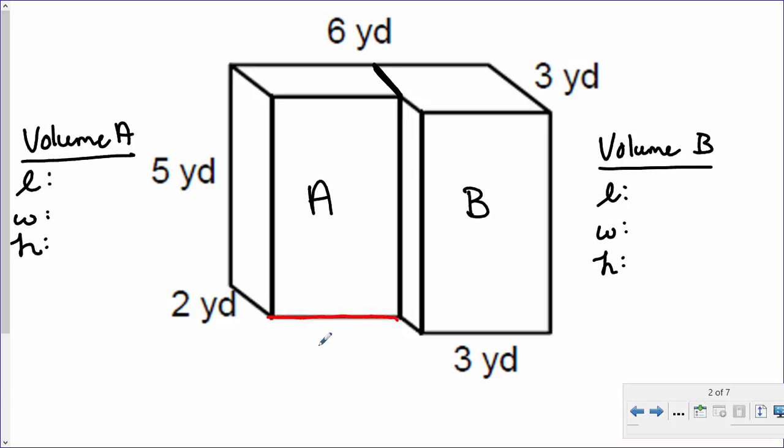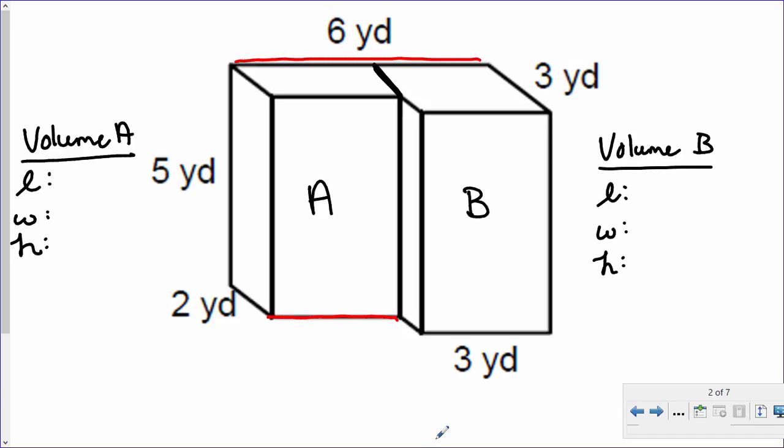But you'll notice down here at the bottom there is no known value. So what we have to do is look for other information in the figure or that's labeled on the figure to help us determine what this length is. So up here at the top, we see that the length of the entire solid is 6.